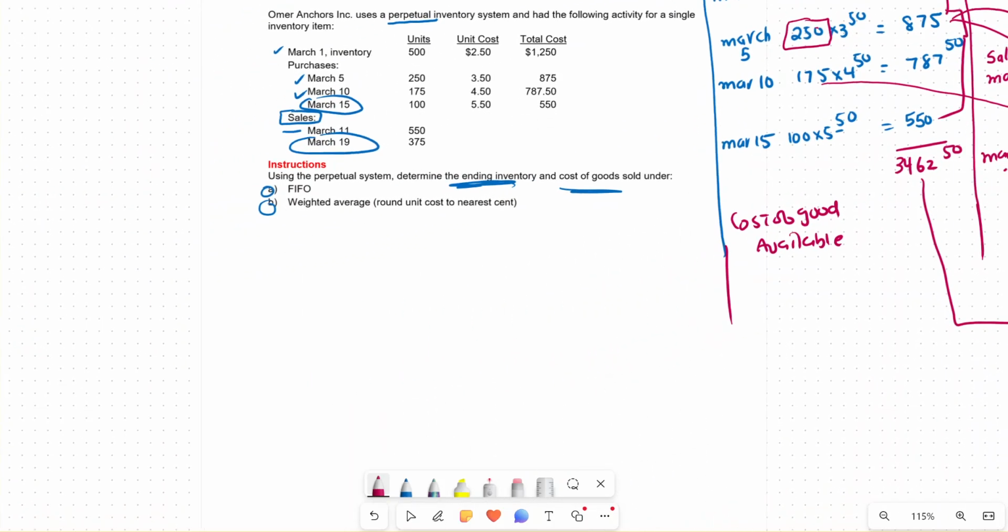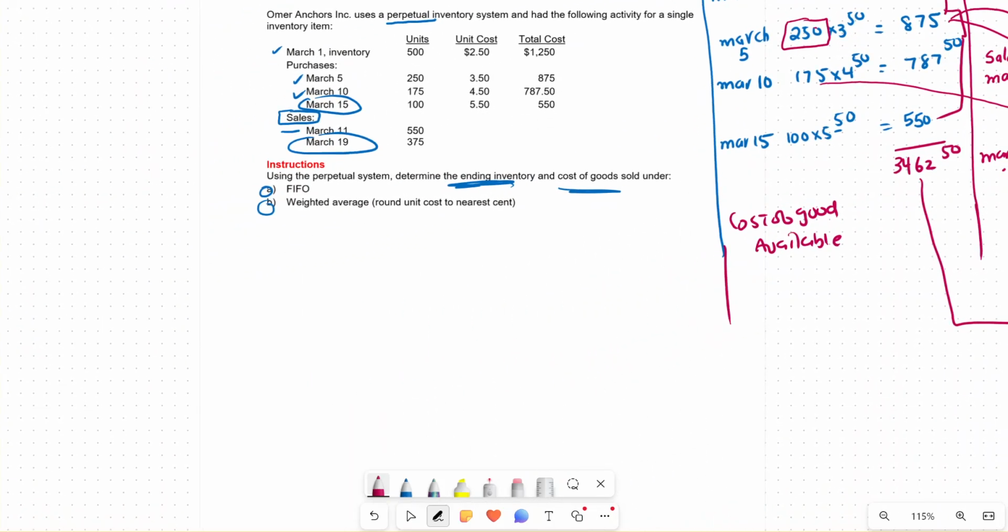So that's how we calculate the cost of goods sold and inventory. Now my next one is the weighted average. Again, you do the same thing. Under the perpetual method, you have to pay attention to the date. My first one is March 1st: 500 units at $2.50, that is $1,250. I purchase on March 5th, 250 units at $3.50.